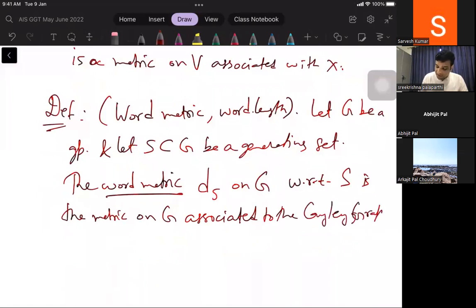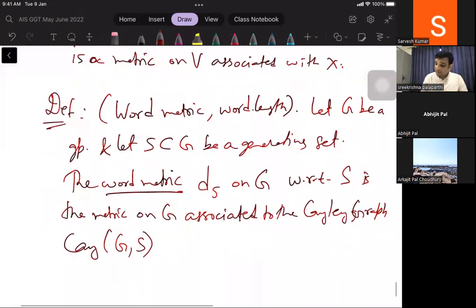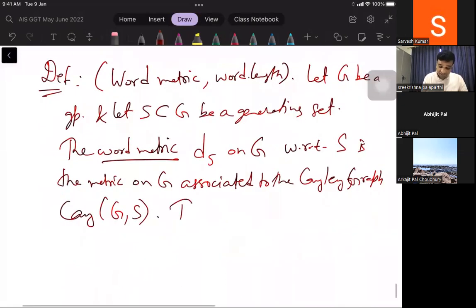And it also tallies with the following Cayley graph with respect to that generating set. Okay, it also tallies with the following.